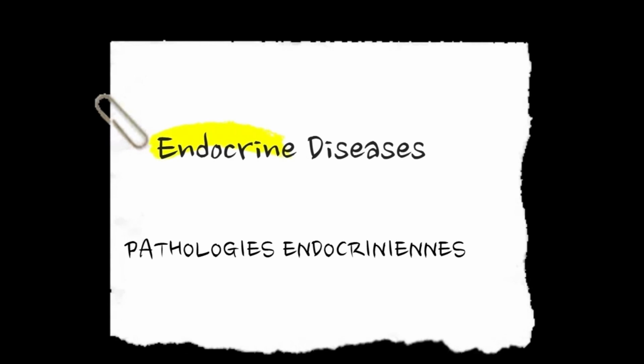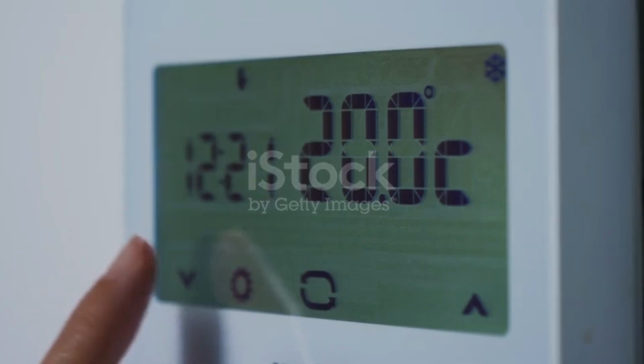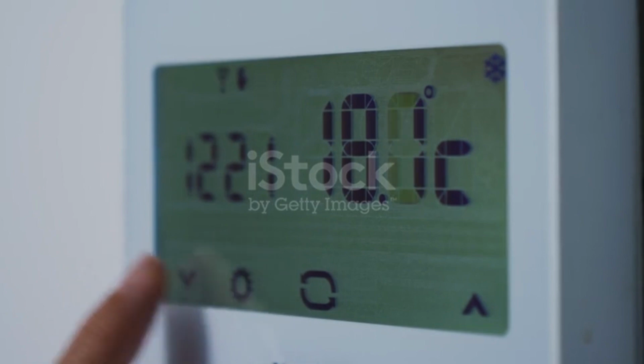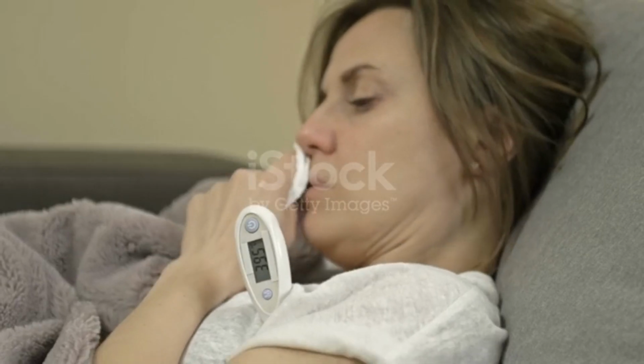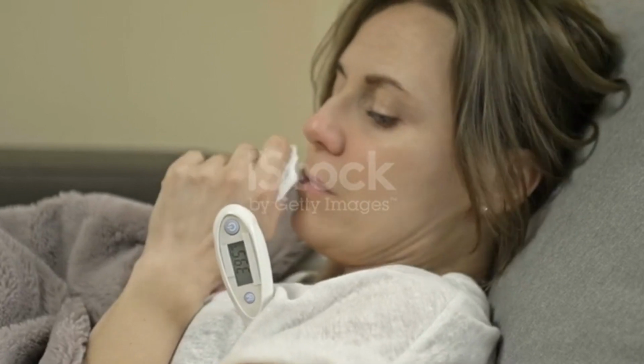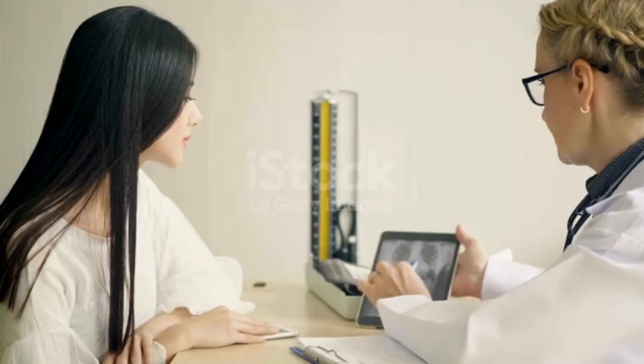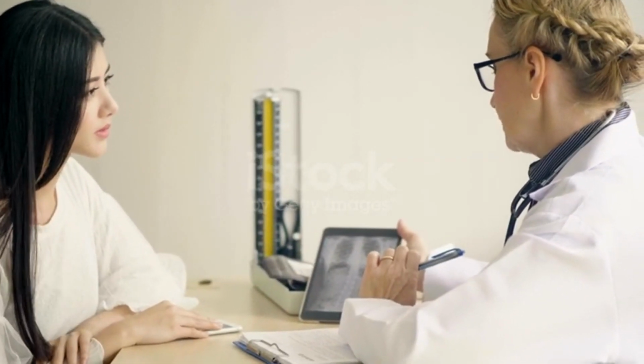Now let's move on to endocrine and psychiatric symptoms. For endocrine, there will be recent changes in heat or cold intolerance, excessive sweating, hair distribution or texture, and breast changes.